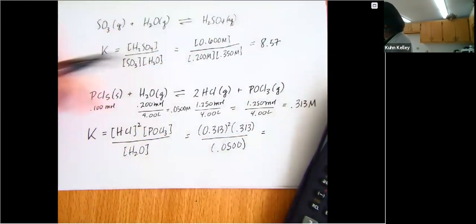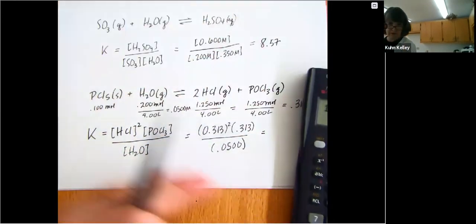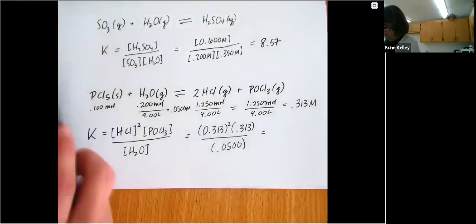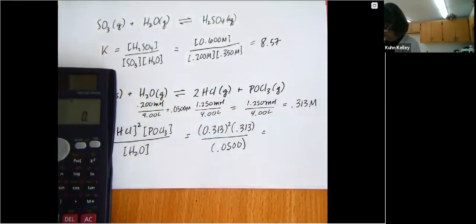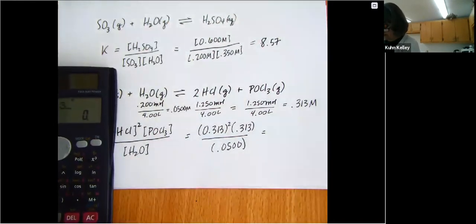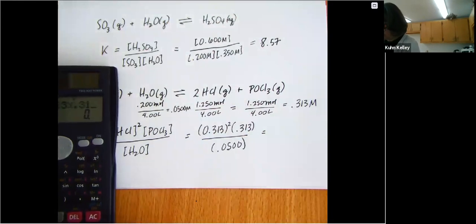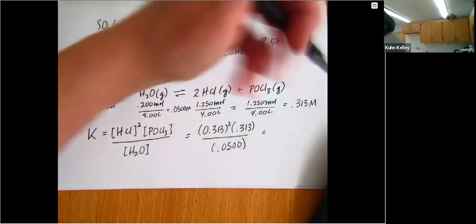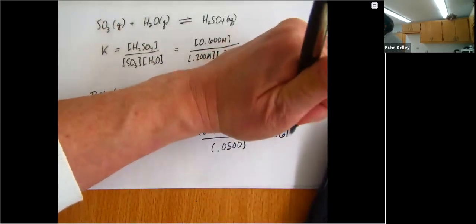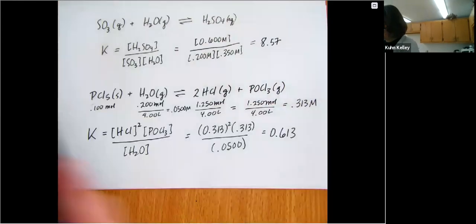So when I plug those into my equilibrium expression, 0.313 times 0.313 times 0.313 divided by 0.05, my equilibrium constant comes out to be 0.613. Hopefully that's right.